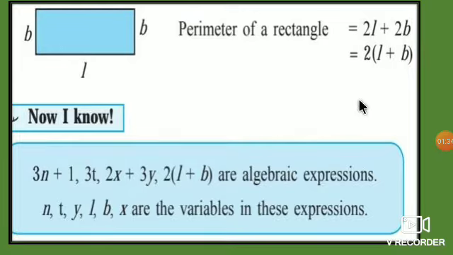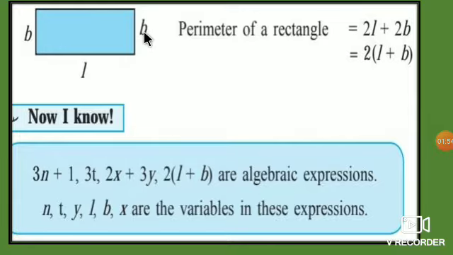Variables means what? The value of that particular term can be different. Here the length may be 2, 4, 5 or 10. So the value of the length varies. Here B also.